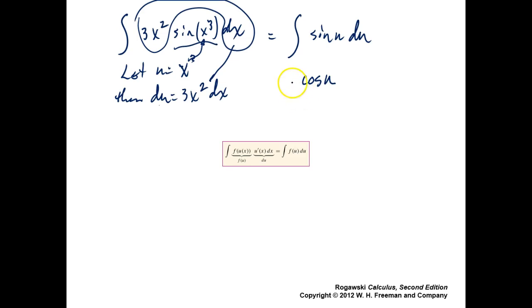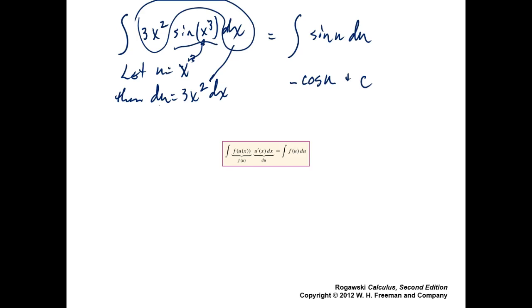The antiderivative of sine is negative cosine u, right? Because the derivative of cosine is minus sine. So you have to have that minus there. But then we have a plus c.